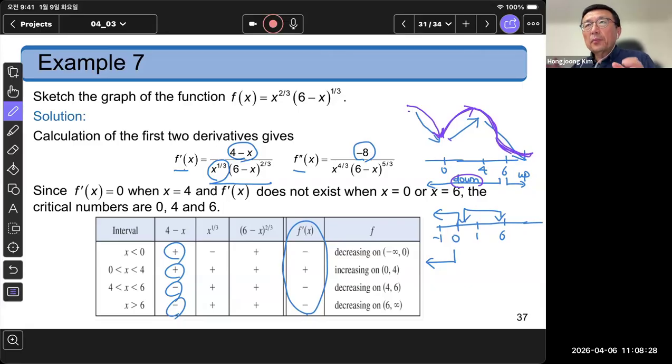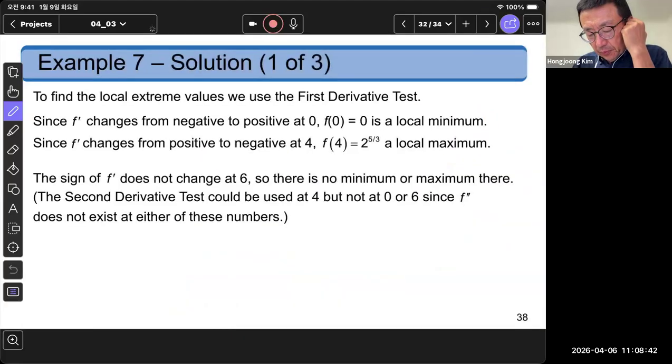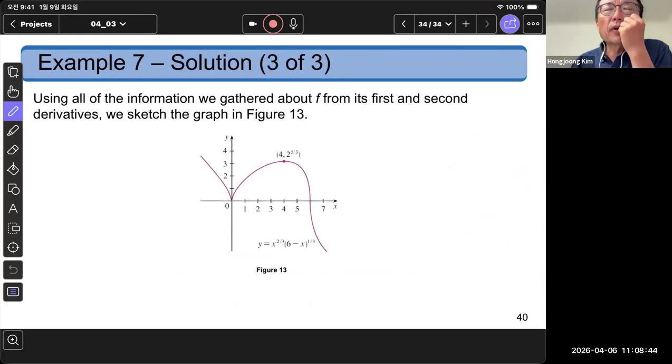So by combining this information, the concavity information, we have a better shape of the graph f, right? So this is how we sketch the graph of the function. So f prime just gives the information about the increase or decrease of the function.